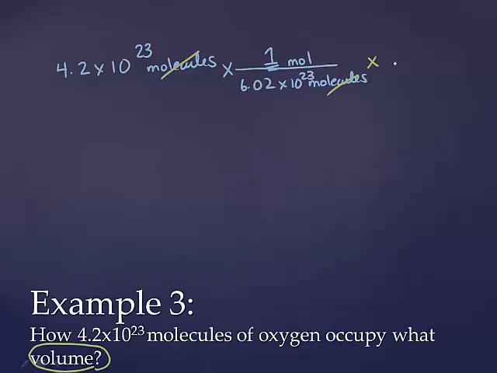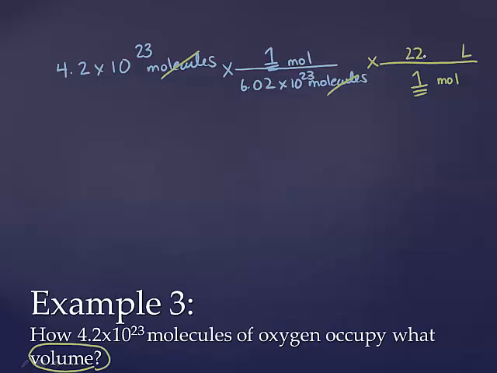So I'm going to draw another X and another line. The unit I have right now to get rid of is the mole, so I'm going to place that on the bottom, and always for now, a 1 goes in front of the mole. Once you have that, I'm trying to get to liters. If you have oxygen, which in its natural state is a gas, and we can assume it's at standard temperature and pressure, what volume will that mole of gas occupy?